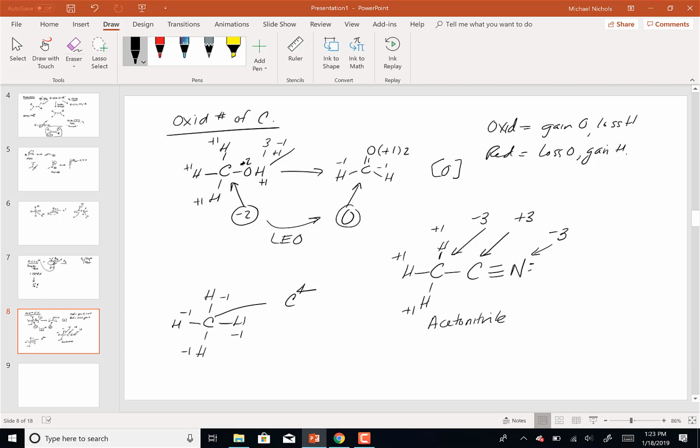Is this different than the oxidation states we use for resonance, to find out which one's the best resonance structure? Yes, because those were formal charges. There's a difference. So this is not formal charge. Formal charge for this carbon would be 0, because that rule is how many electrons does the carbon own and how many did it come with. That's the formal charge.